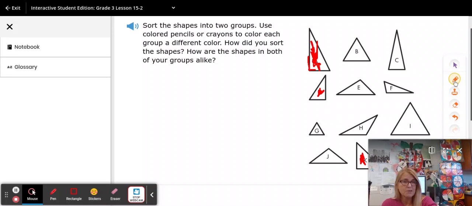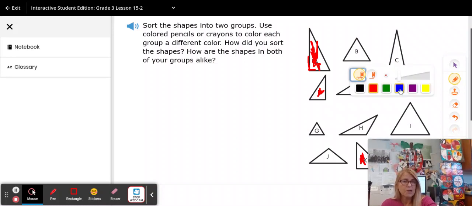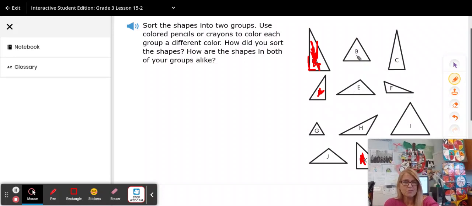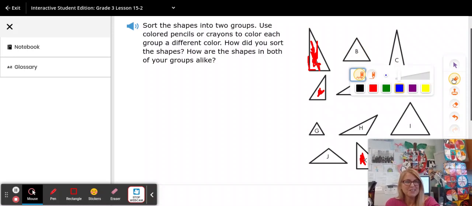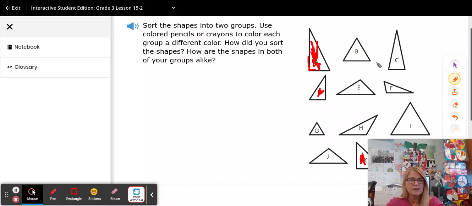I've got to get another color. You're probably way ahead of me, you guys are quick. I'm trying to get the blue. You can have any colors that you want. I'm going to color just a little squiggly line on all the rest blue, but you can color yours a little neater with your crayons.